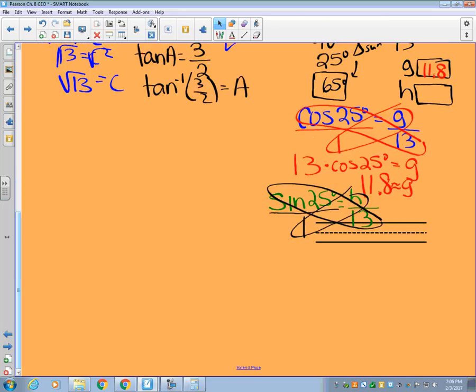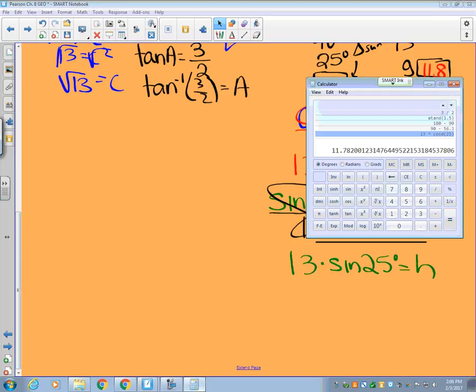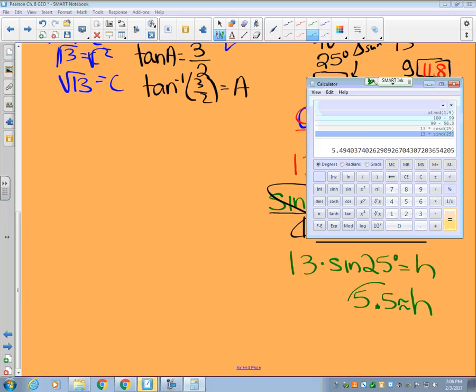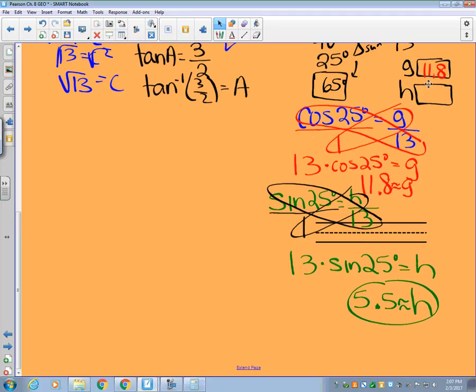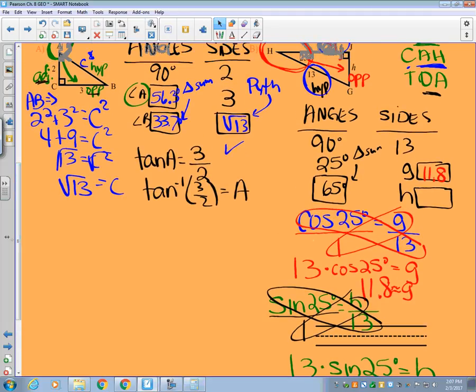I get 13 times the sine of 25 degrees is equal to H times 1. And then it's a simple calculator check: 13 times sine of 25 equals 5.49, and we're going to round it to 5.5. So let's put that up in our list.